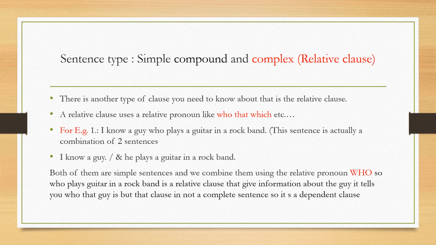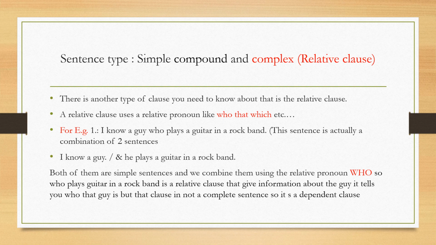Both of them are simple sentences, and we can combine them using the relative pronoun who. So, who plays guitar in a rock band is a relative clause that gives information about the guy. It tells you who that guy is. But that clause is not a complete sentence, so it is a dependent clause.